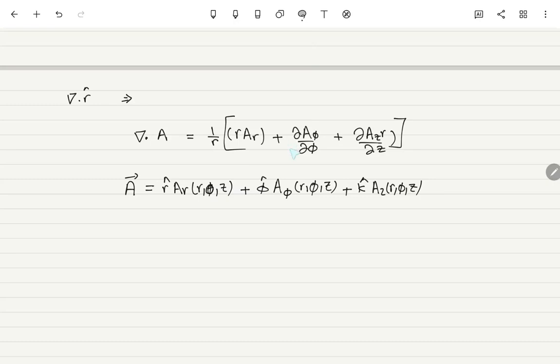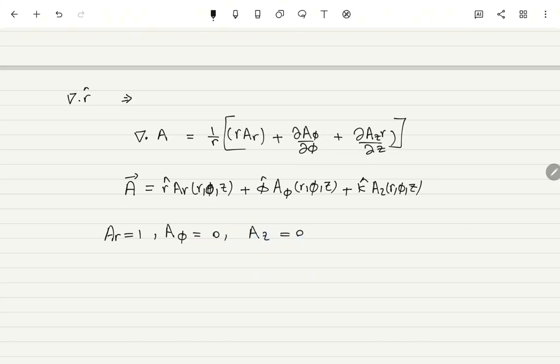I just copied them here. Now we would like to find divergence of r hat. In this case, A_r equals 1, A_phi equals 0, A_z equals 0.